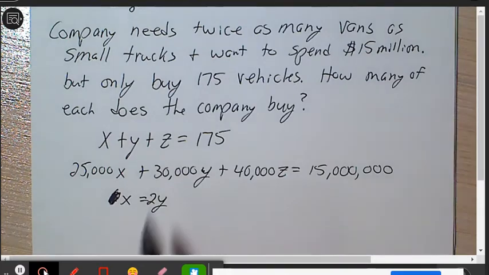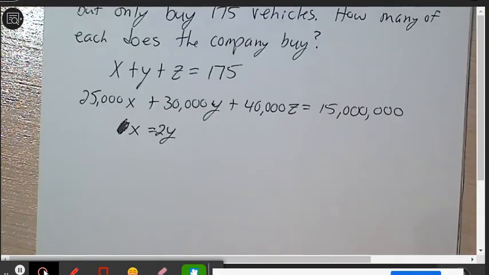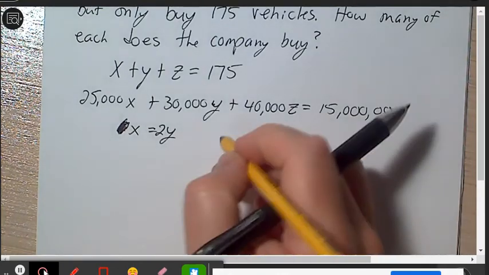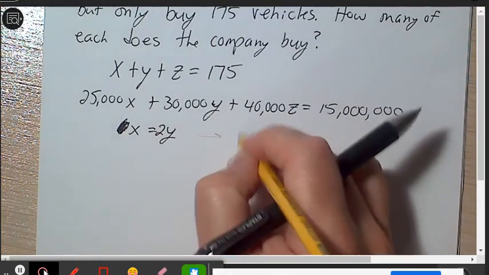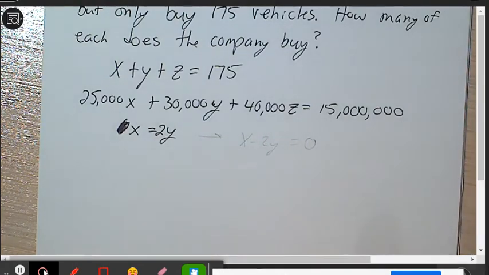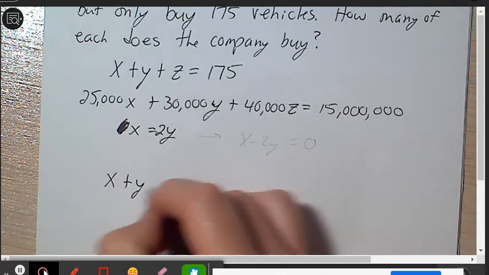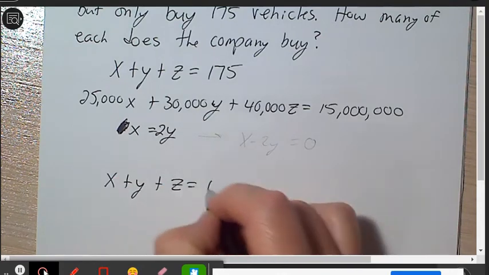Now, with this equation, we want to set it up like a system. So we're going to take this equation and rewrite it as X minus 2Y equals 0. So if we set this system up, we've got X plus Y plus Z equals 175.